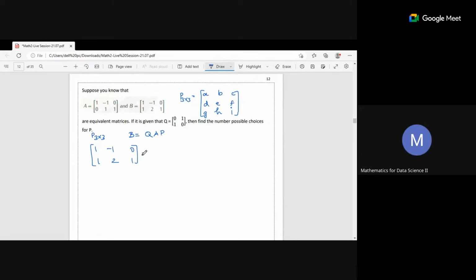And this is given to be equal to 0, 1, 1, 0, 1, -1, 0, 0, 1, 1, and A, B, C.